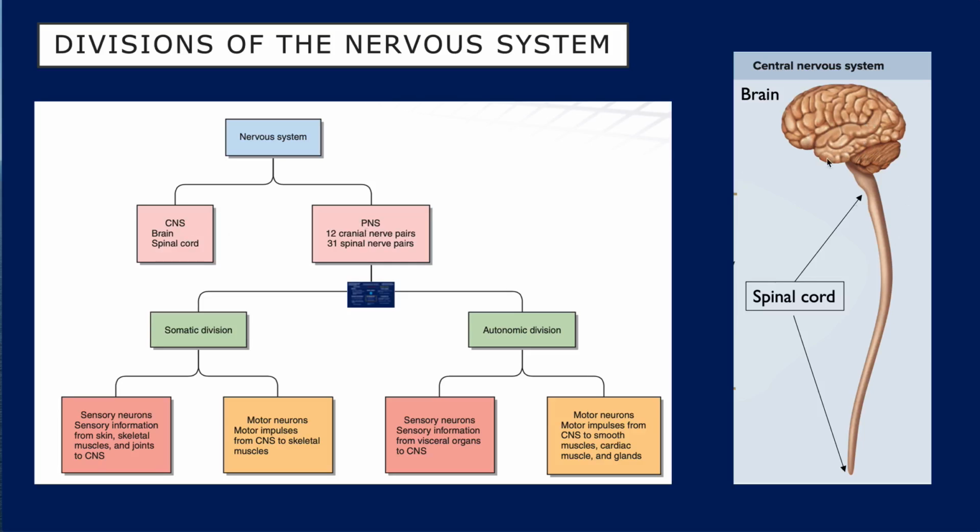So what are these structures, these innervating wires? These are cranial nerves which are coming from my brain. There are 12 pairs of cranial nerves and 31 pairs of spinal nerves. The main focus will be here. We are not touching this part. That will be coming in neuroscience next year inshallah.